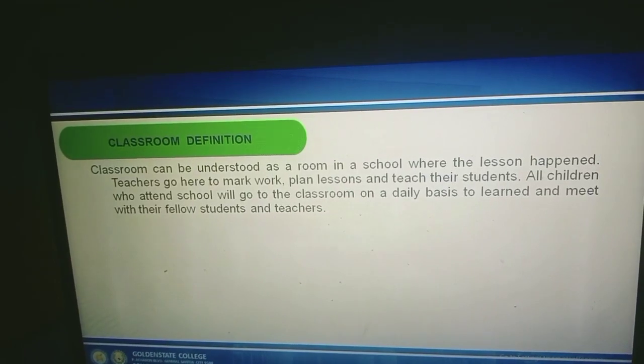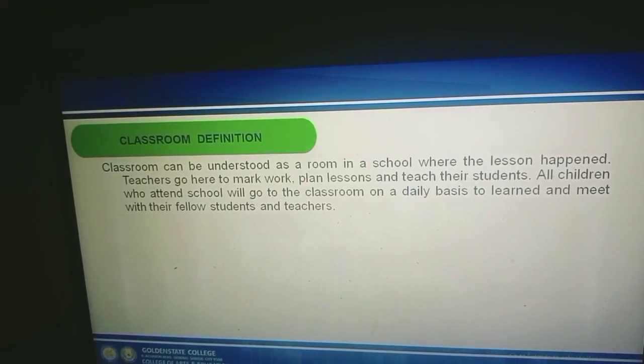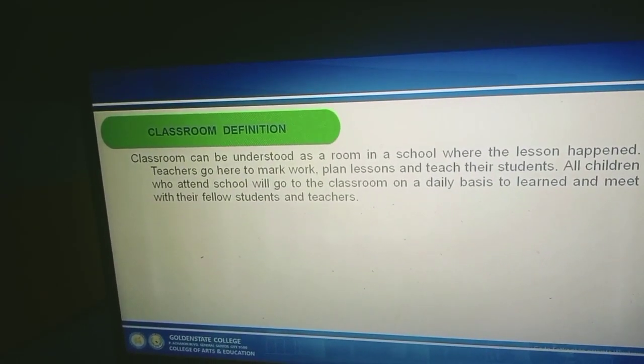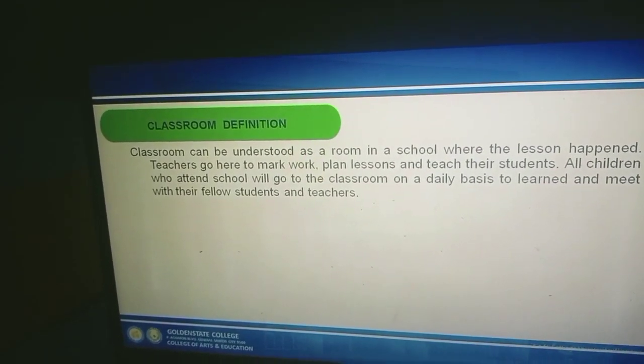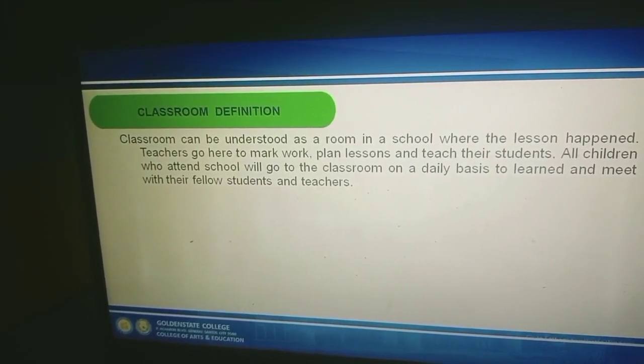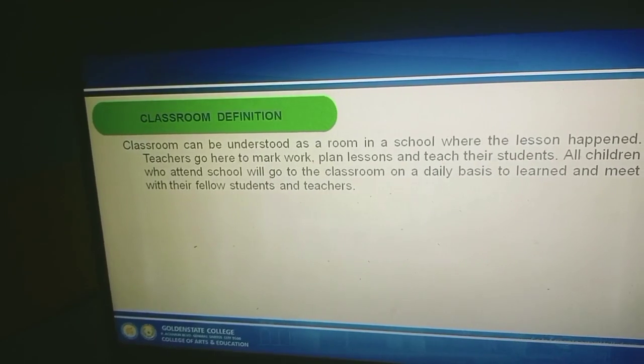So a classroom can be understood as a room, the basis for teachers and students to learn and to meet their goals.